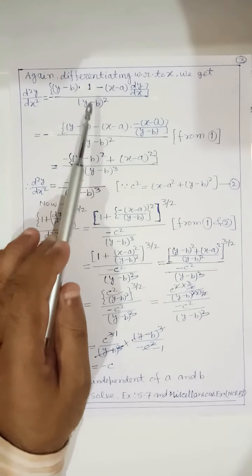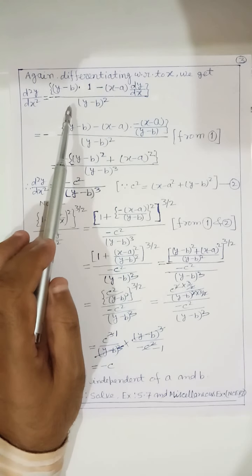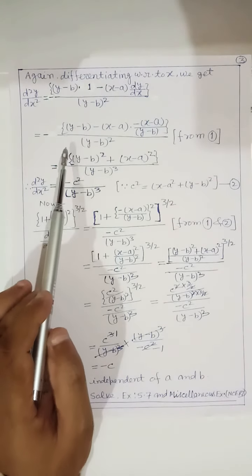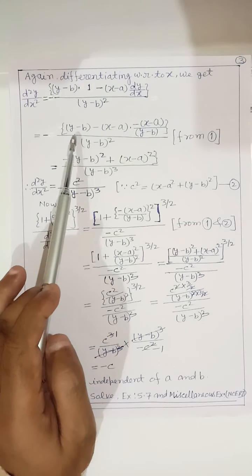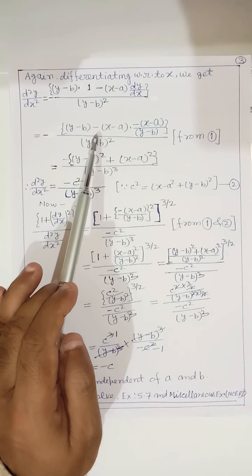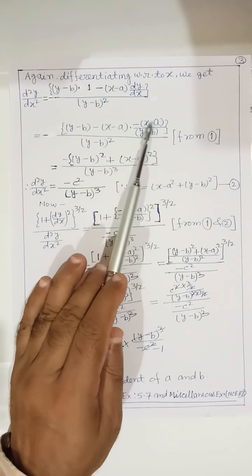So using this rule, we differentiate here. This is equal to minus [(y minus b) minus (x minus a) into dy by dx] by (y minus b) whole square.